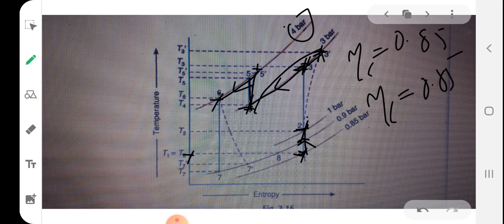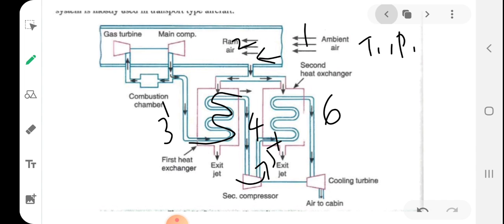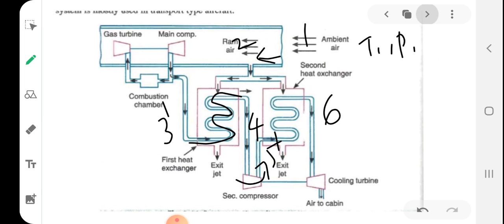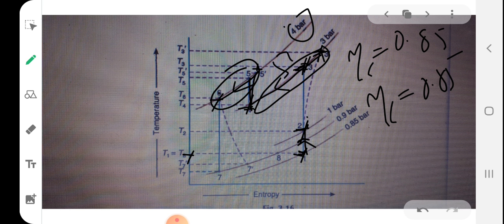You don't know how much to cool, but it is given that 50 percent and 30 percent of the enthalpy of the air from the auxiliary compressor is removed. So first here 50 percent is removed, here 30 percent, and then only you can determine the positions 4 and 6.